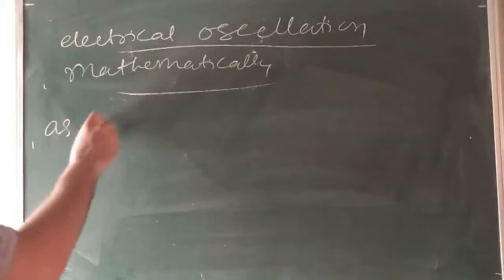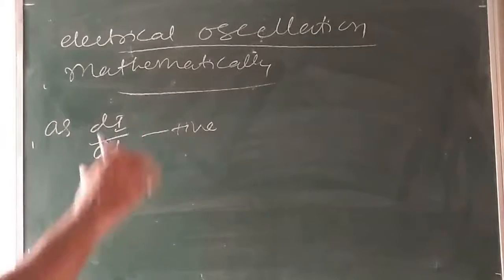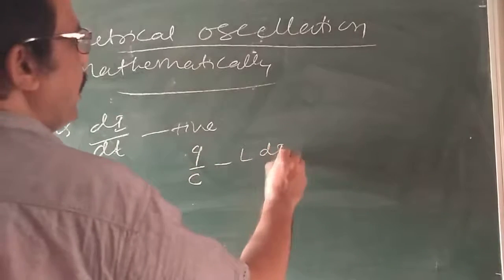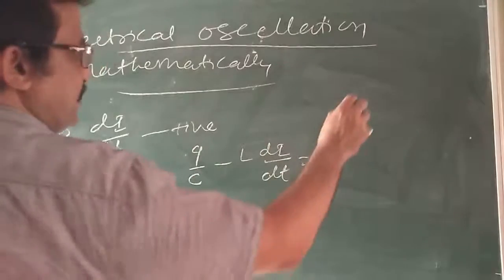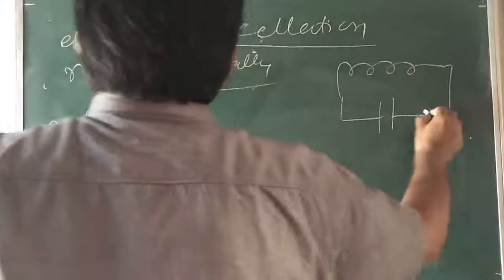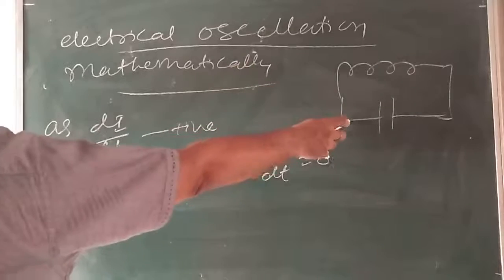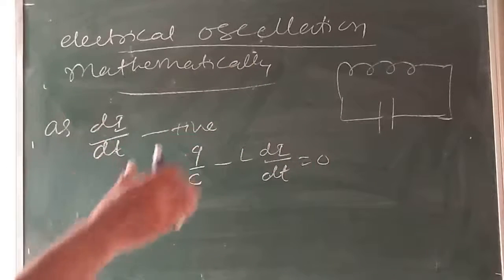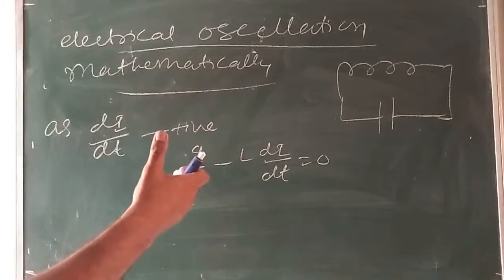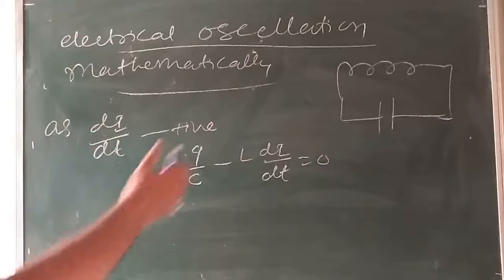As di by dt is positive, the induced EMF in L will be such that Q by C minus L di by dt is equal to 0. This is our circuit diagram. Here is our L and here is our C. The moment the circuit is completed, the charge on the condenser starts decreasing, giving rise to current, and as di by dt is positive, the induced EMF in L will be something like that.